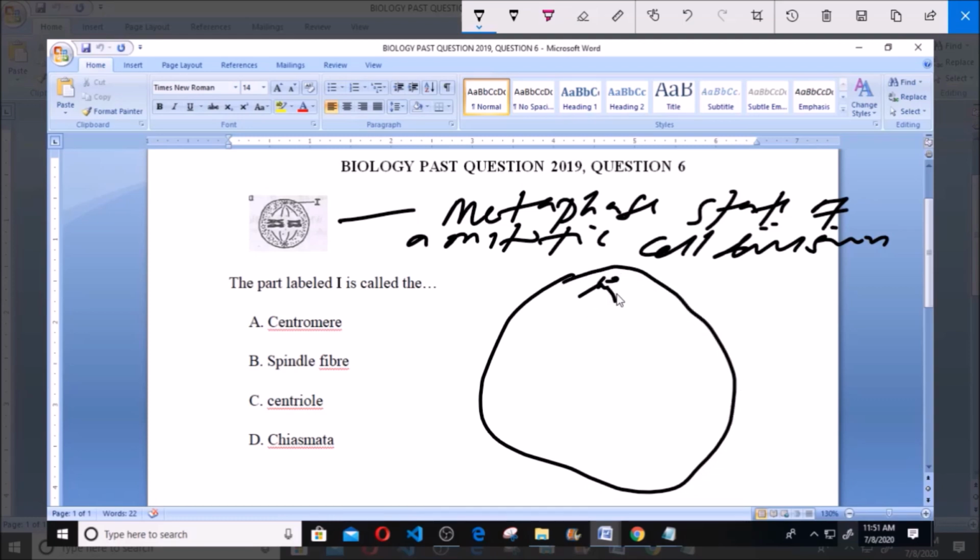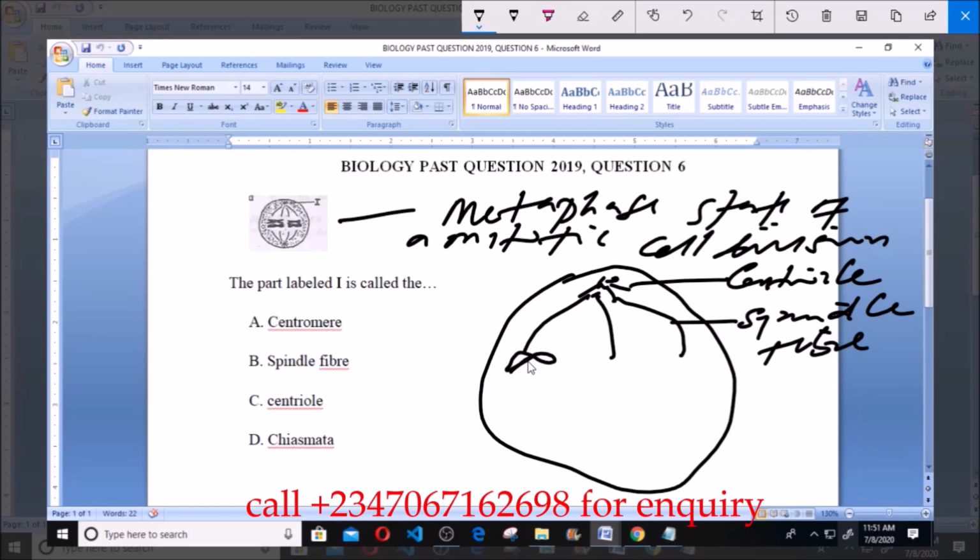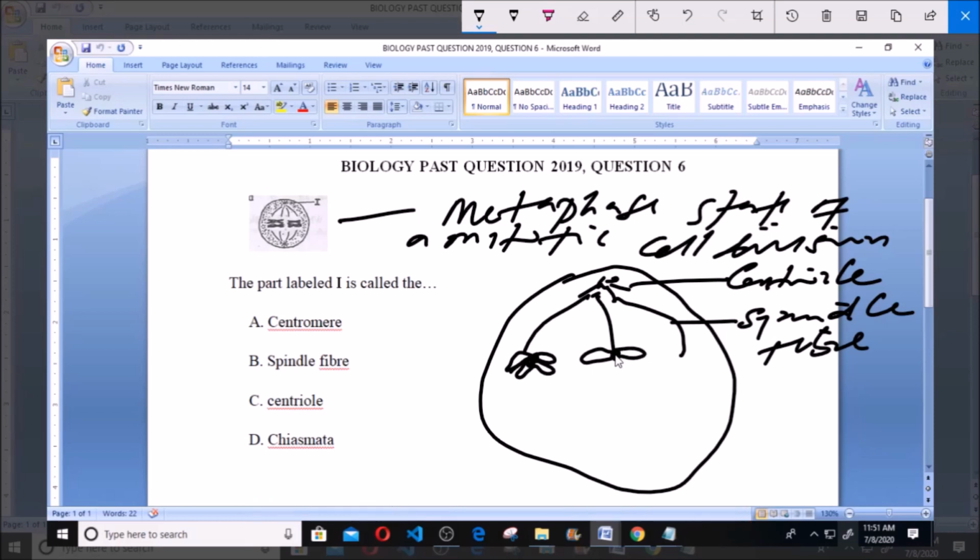At the top, you have the central, you have the spindle fiber, at the equator you have the centroma.